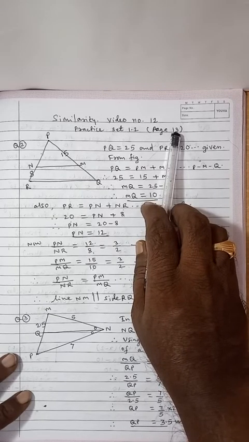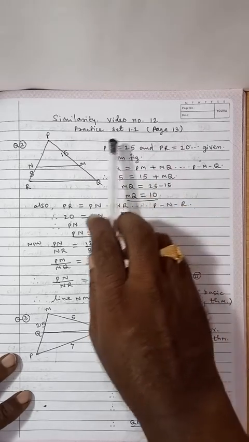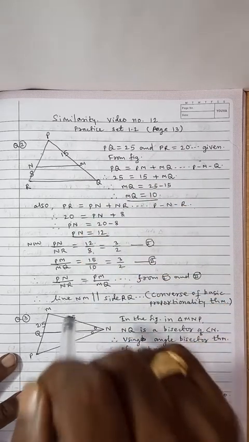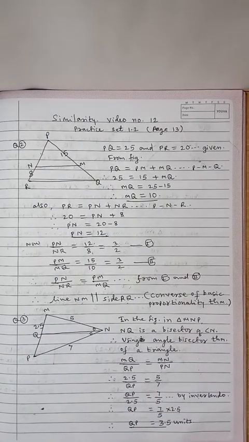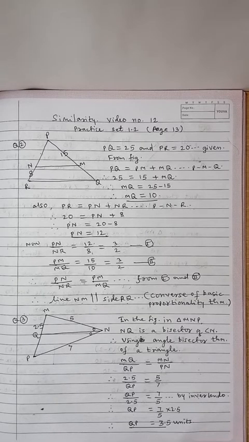Listen students, to solve the problems from the practice set, we must know the theorems that we have learned: the basic proportionality theorem, its converse, the angle bisector theorem, its converse, and the property of intercepts made by three parallel lines on their transversals. You must know this and understand it. Then and only then will you understand the solutions of the problems.